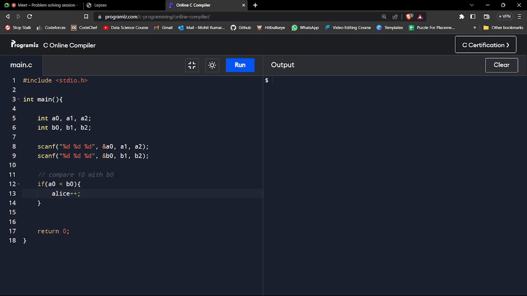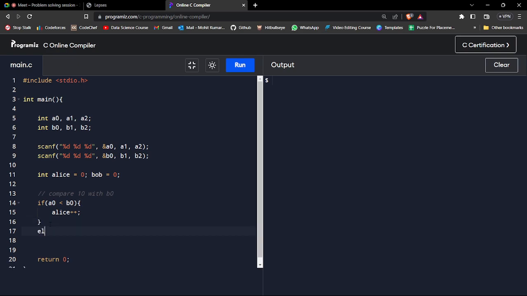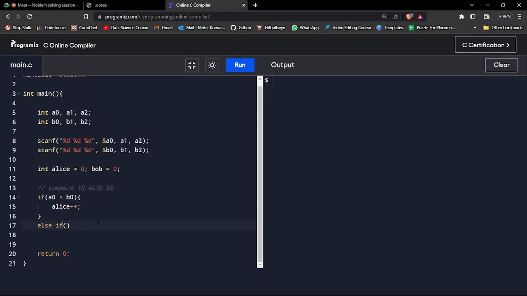But since Alice is not declared, let's go upward and initialize alice equals 0, then bob also 0, right? And if this goes wrong, then I also need to check else if.